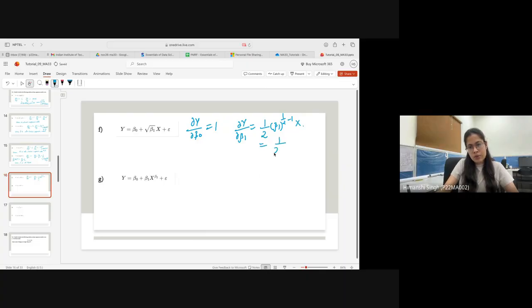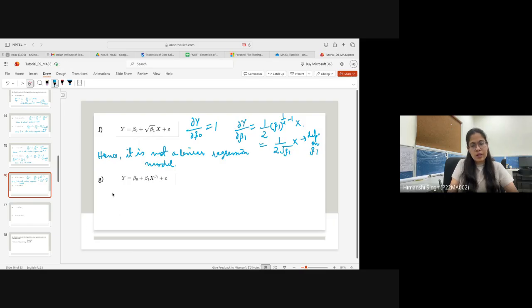This will be 1 by 2 root beta 1 x. So this is dependent on beta 1. Hence it is not a linear regression model.